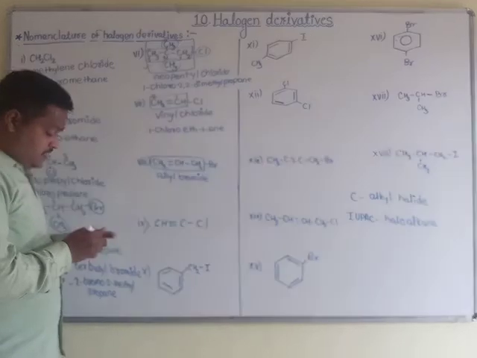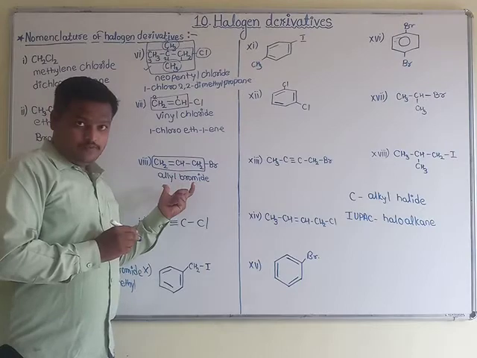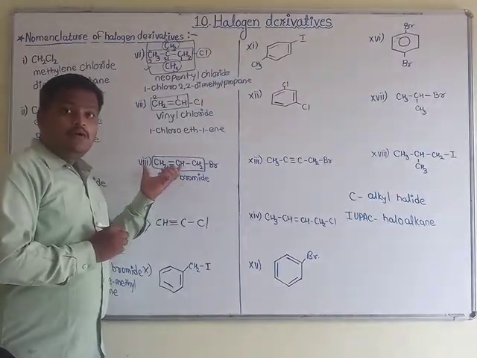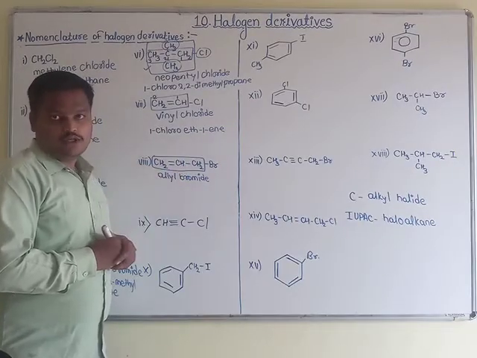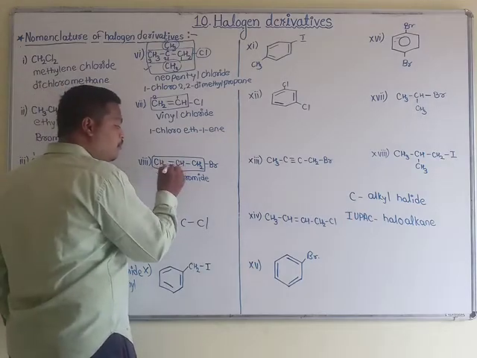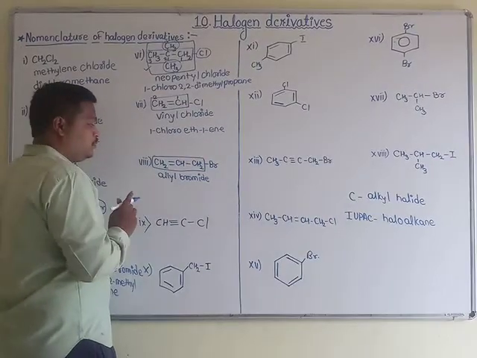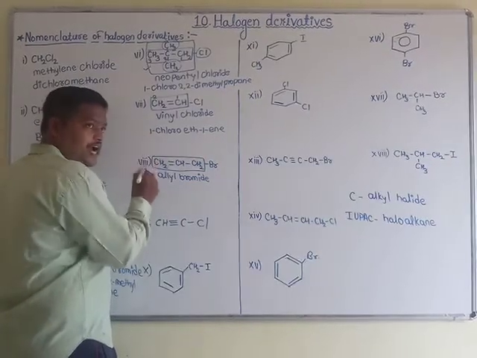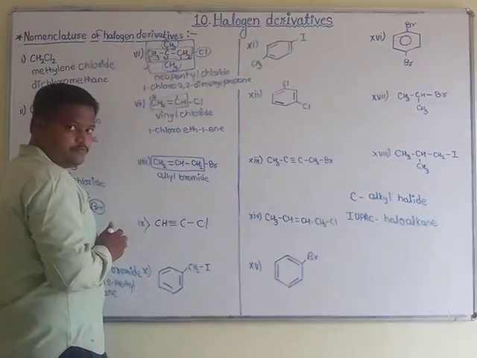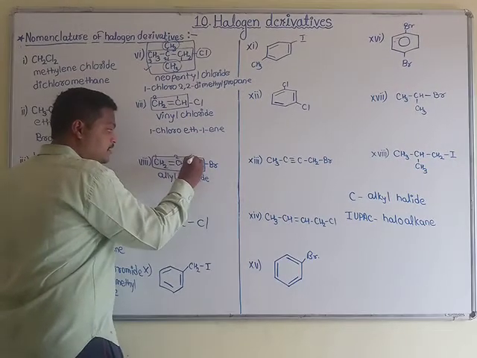Yes, to get the correct numbering, we must know the priority order of functional groups. Here the double bond has more priority than the halogen. Here the halogen behaves as a substituent. Therefore numbering starts from the functional group rather than the substituent. Okay, so numbering first, second, third.